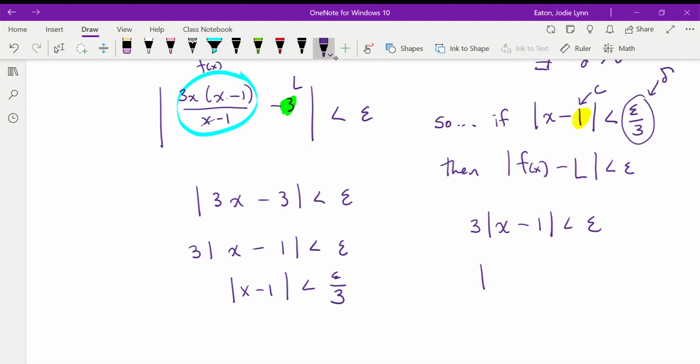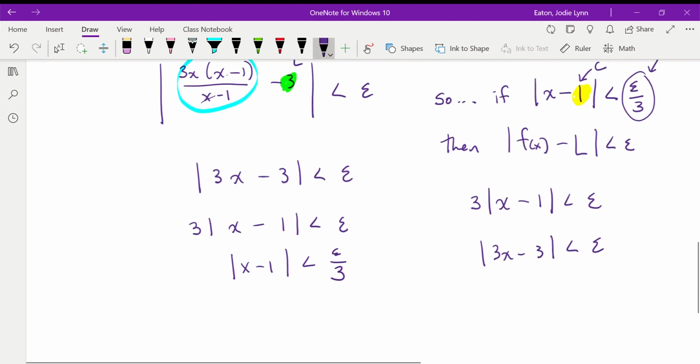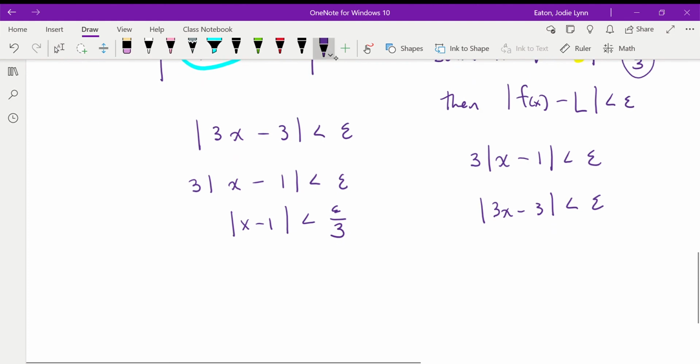So the absolute value of 3x minus 3 is less than epsilon. And if we write it as 3x times x minus 1 over x minus 1 minus 3, the absolute value is less than epsilon.